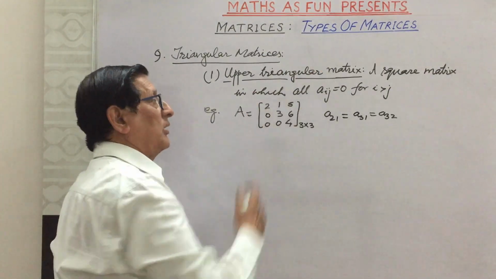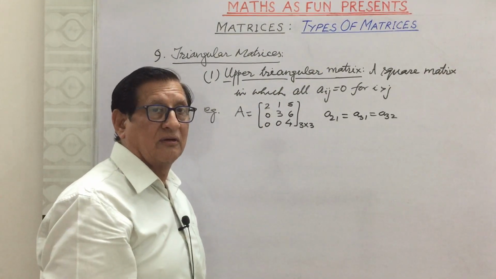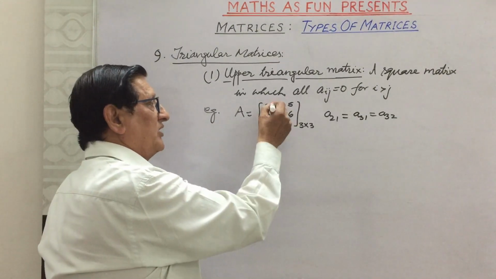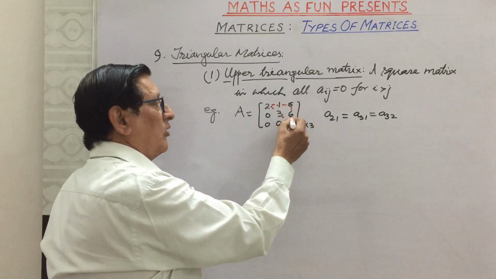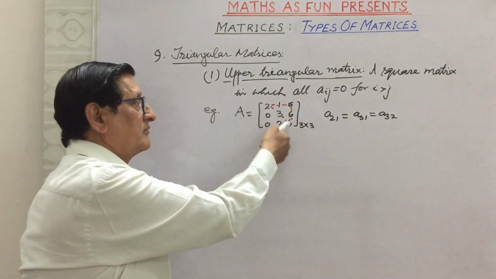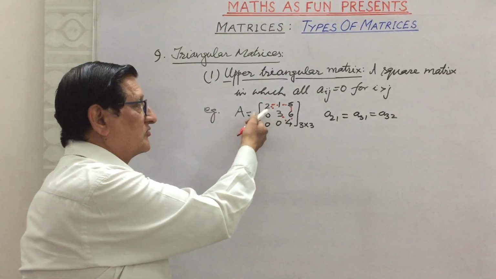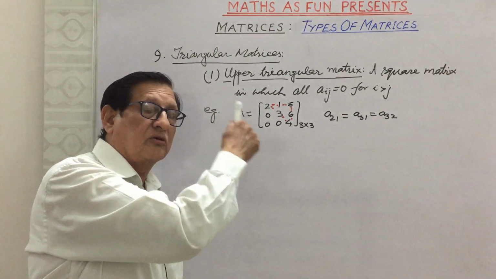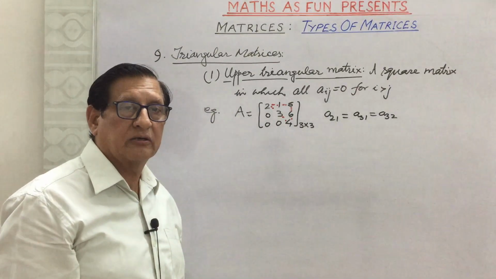Then why do we call it upper triangular matrix? With the diagonal, if we see the upper part of it, all these elements are forming a triangle. You can see here. The lower part of this has elements 0 each, and that's the reason we call it upper triangular matrix.